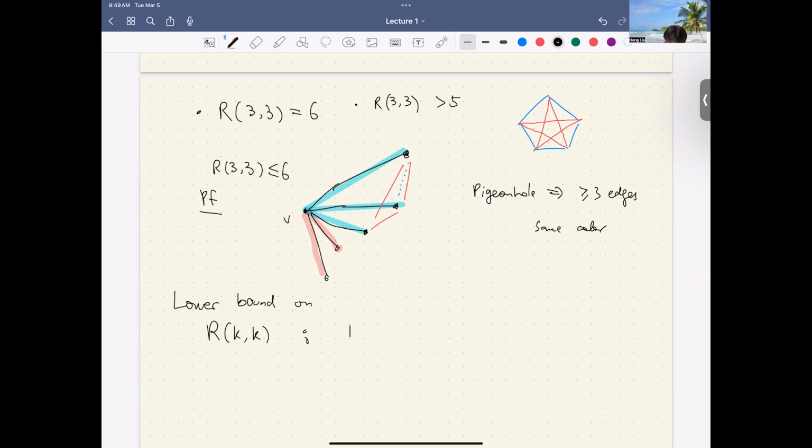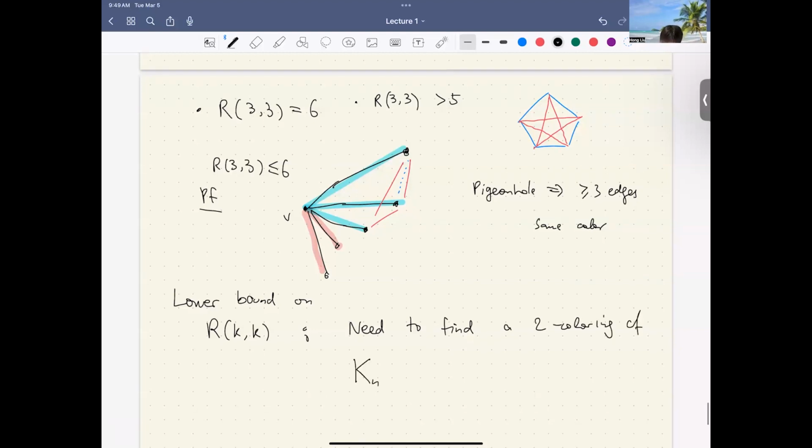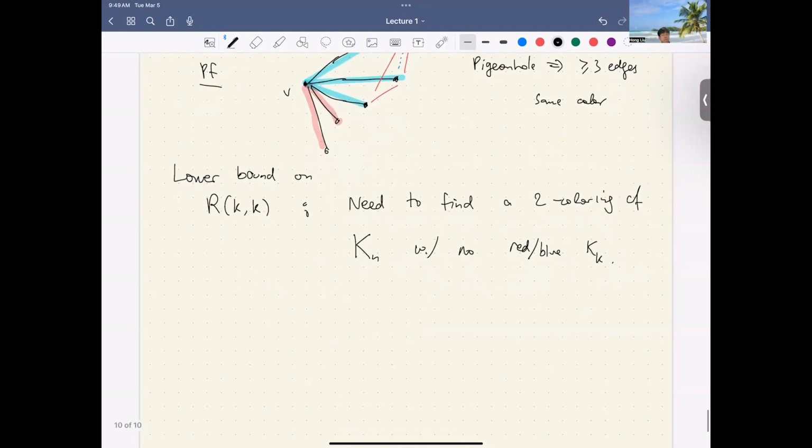What does it mean? We need to find a 2-edge coloring of Kn for large n with no red or blue Kk. That's what we need to do to prove a lower bound. If we want to prove this is bigger than n, right? Good.